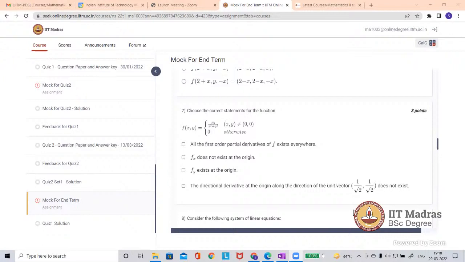It is asking for existence of f suffix x and f suffix y. That's all. Okay, so we use the first order principle, and then we say that yes, all the derivatives exist. Only first order. No, only first order. That's all. Okay, got it, sir.